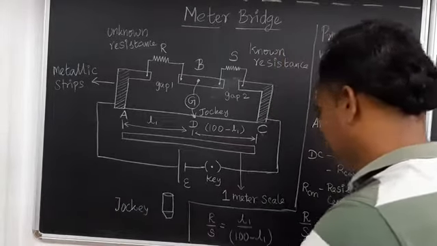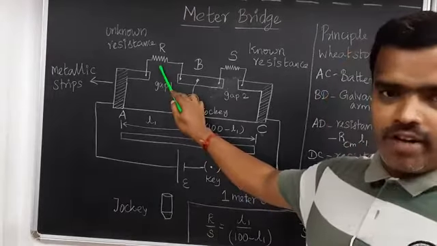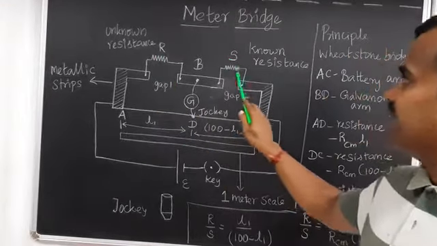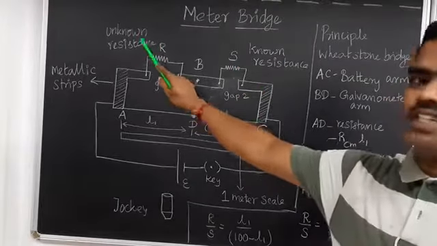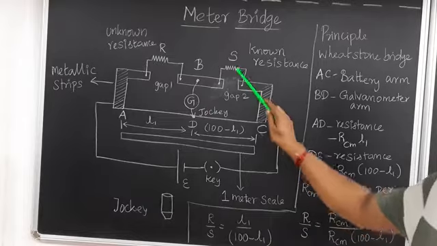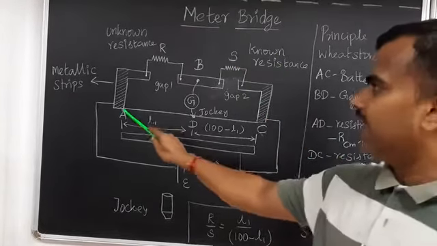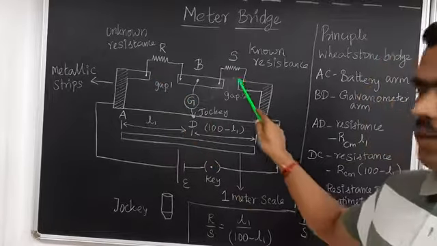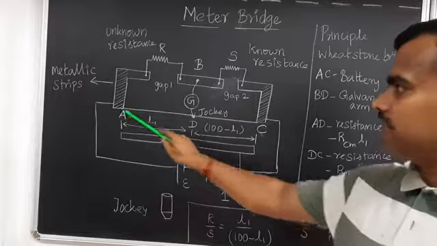Here we have connected one resistance and here we have connected another resistance. This is the unknown resistance and this is the known resistance, right? Here we have a metallic strip held at 90 degrees, perpendicular to the meter scale.